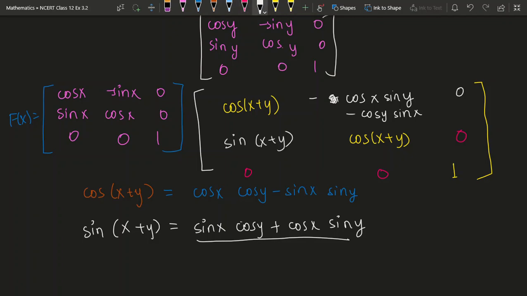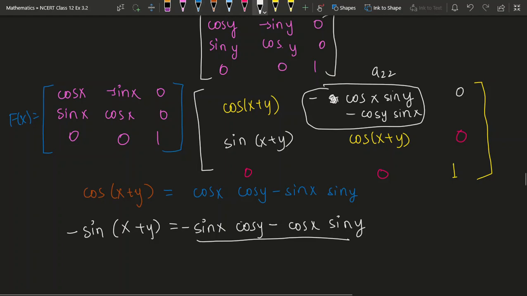And also if you put a negative sign here, so negative of sine x cos y, and then subtract, and again a negative cos x sine y, you also put a negative here. So I did this in order to get it in the form of the entry A12, first row and second column.